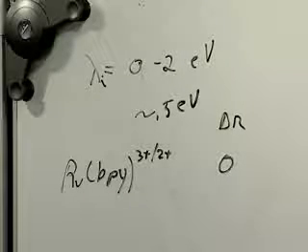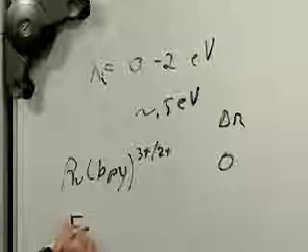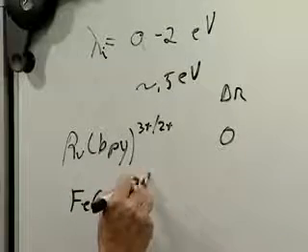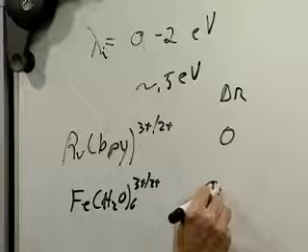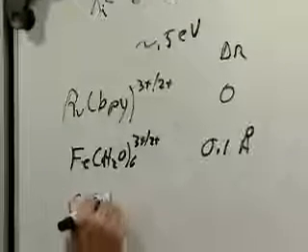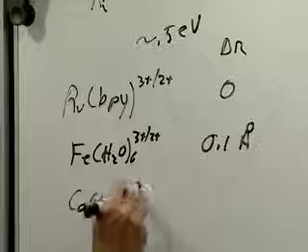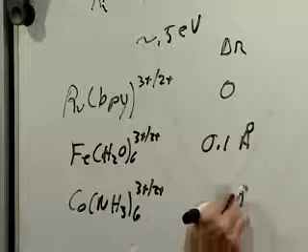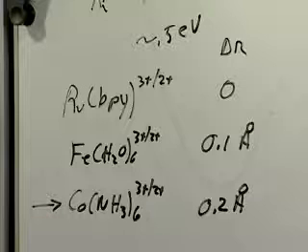For the iron aquo, we saw it was about 0.1 angstroms. For cobalt amines, NH3 6, 3 plus, 2 plus, it's about 0.2 angstroms. This is large. That's really large. You seldom see stuff like that.